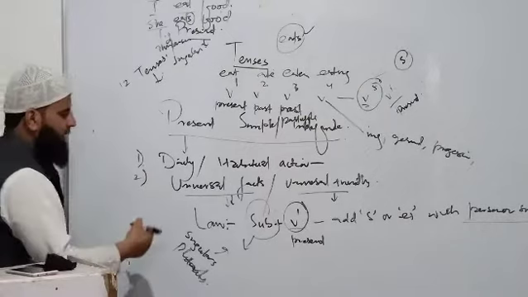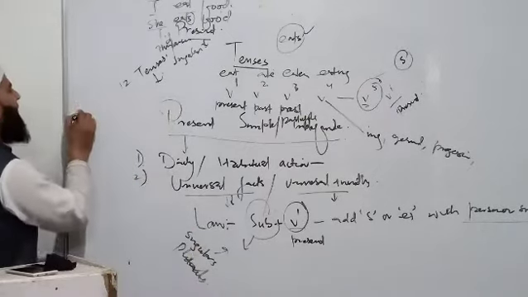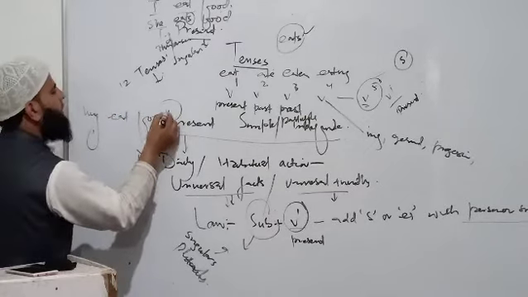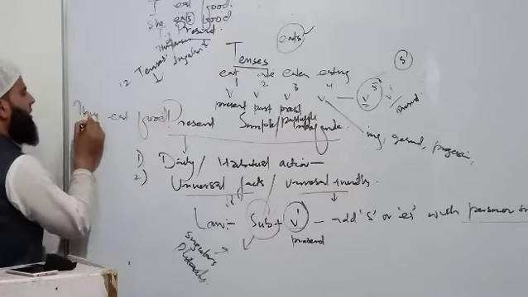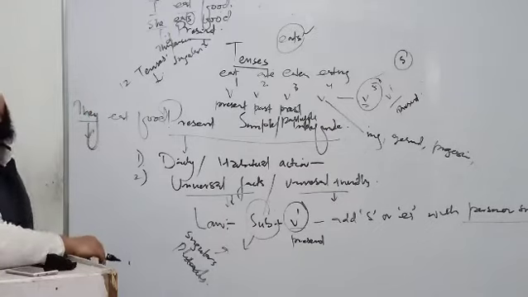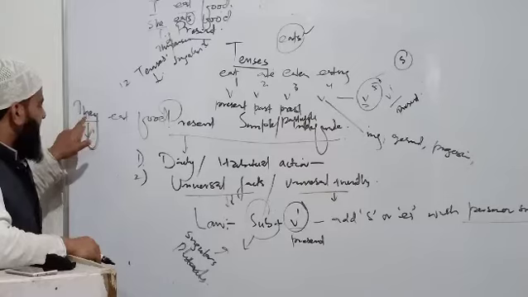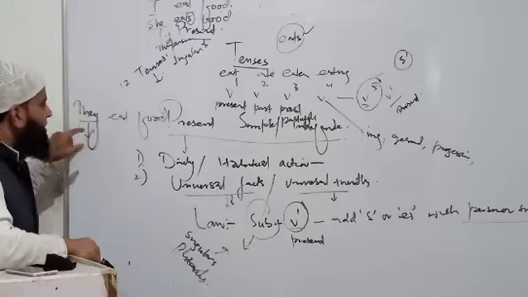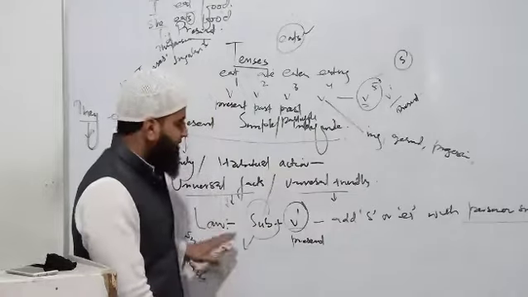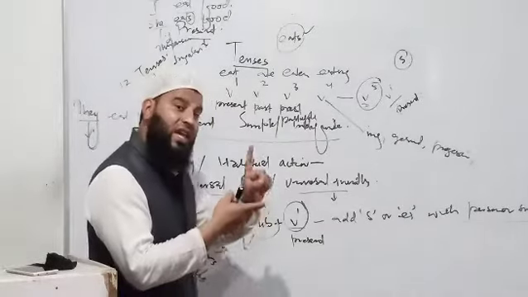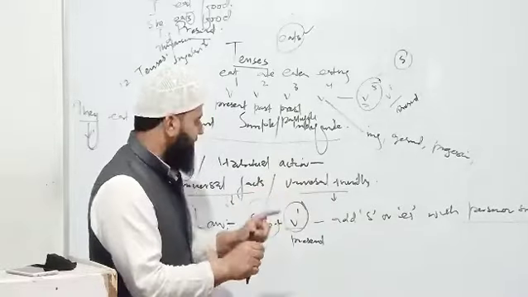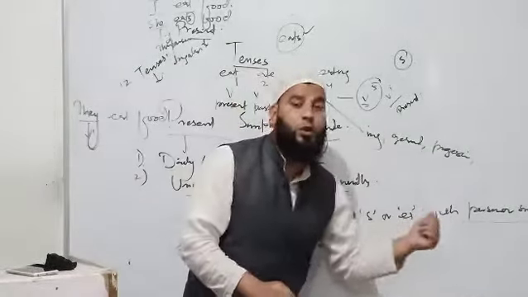Similarly, if I say, they eat food, this is correct. Why? Because there is no doubt it is plural, though it is third person. What we have discussed in the structure of the sentence is that we use S or ES with verbs whose subjects are third person singular.